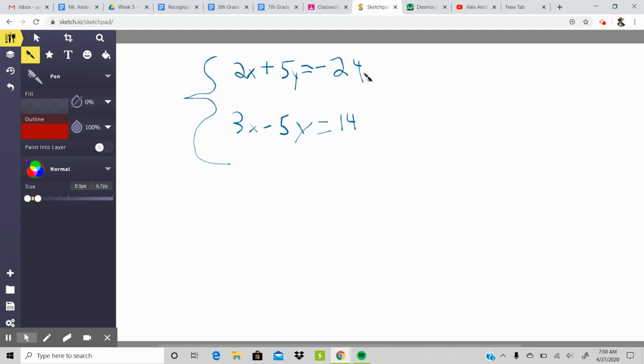One thing I'm noticing right here is that this equation has a positive 5y, and this equation has a minus 5y. So one thing we're going to learn is that we can combine this equation with this equation, and I'll show you how that works.